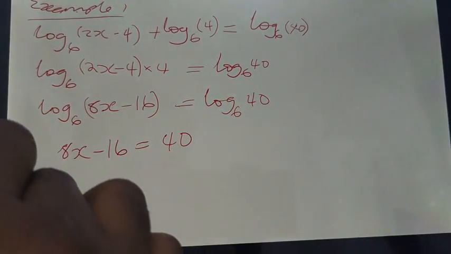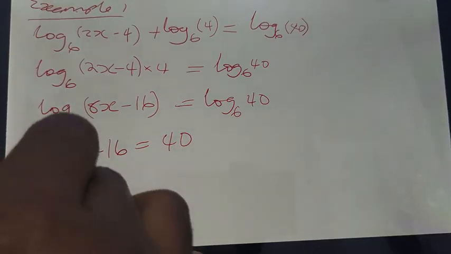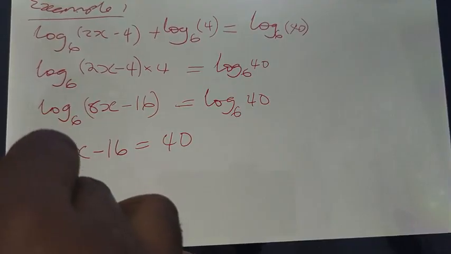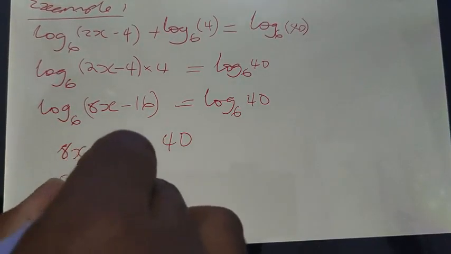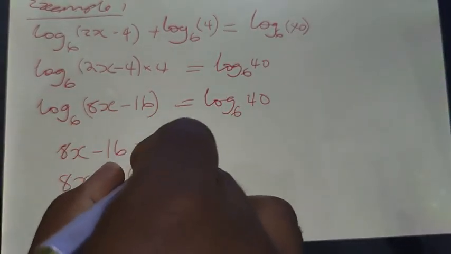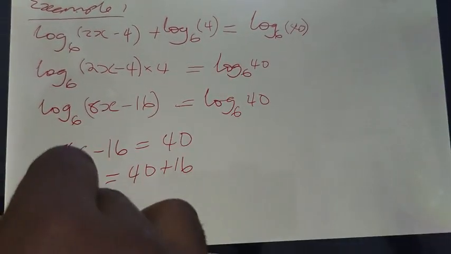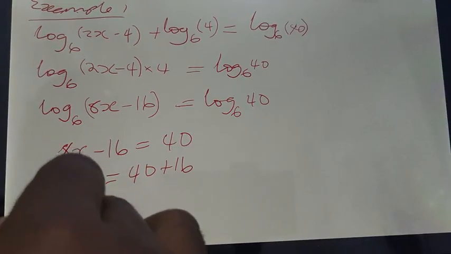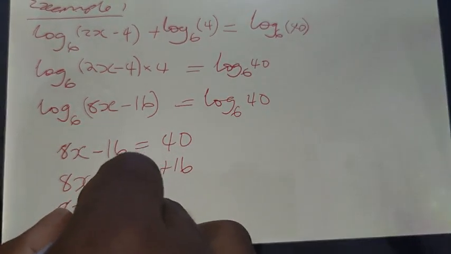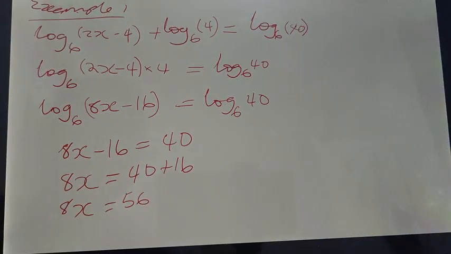All right, so 8x is equal to 40 plus 16. So 8x will be equal to 56.